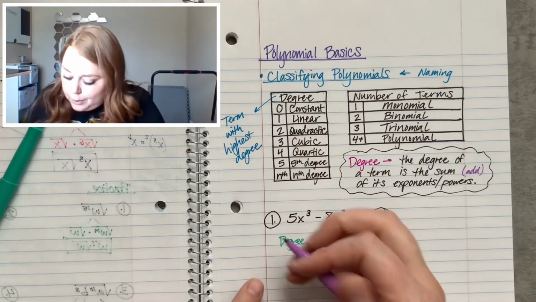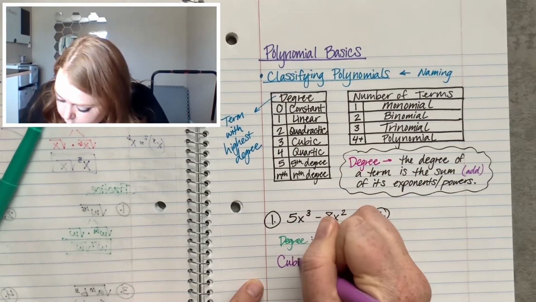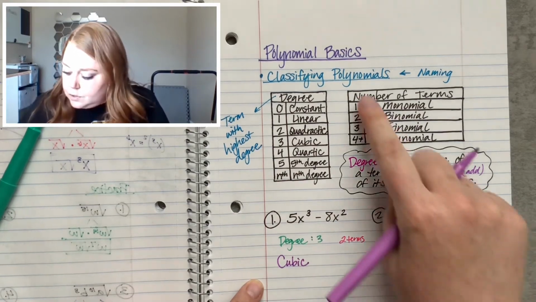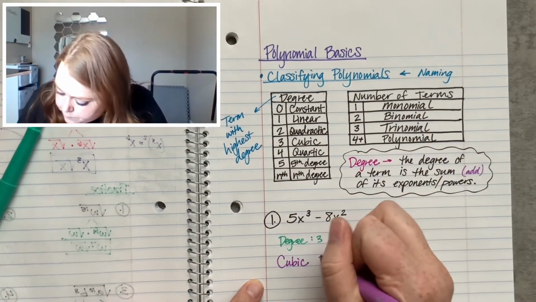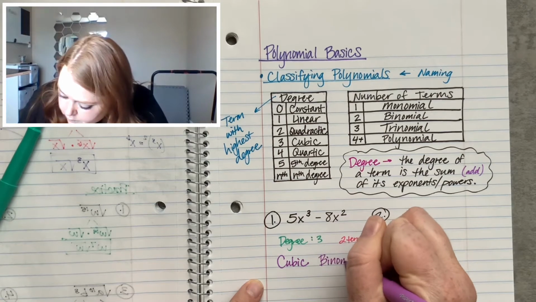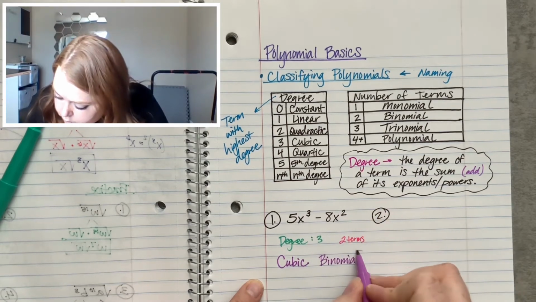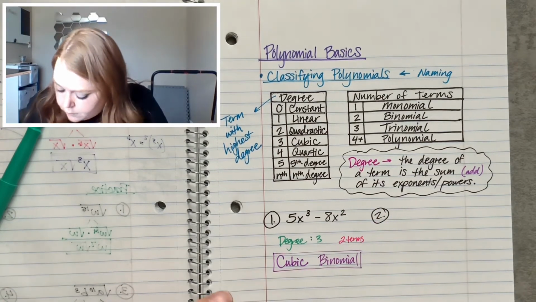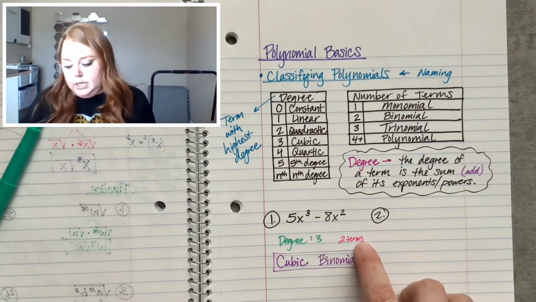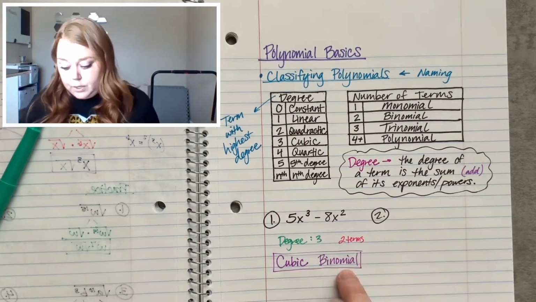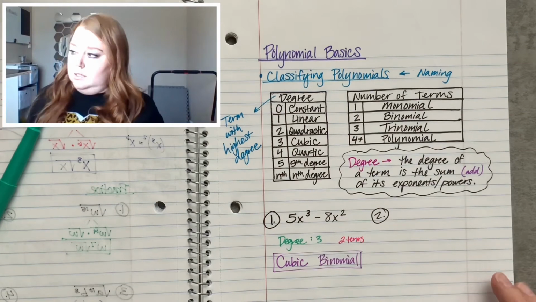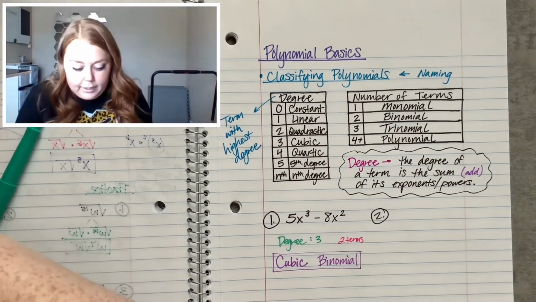It's a cubic. And then it has 2 terms, binomial. Okay, its degree is 3 and it's 2 terms. It's called a cubic binomial. So that's how you're using this chart today. Okay, let's try another one.